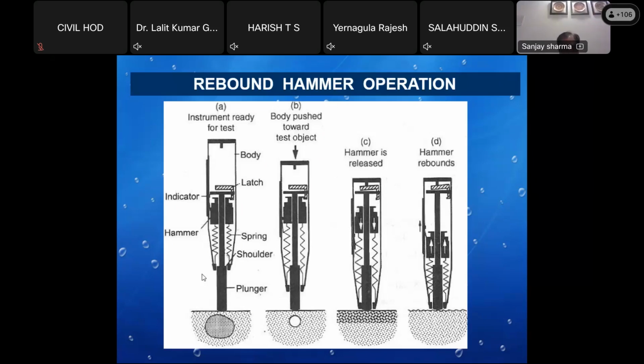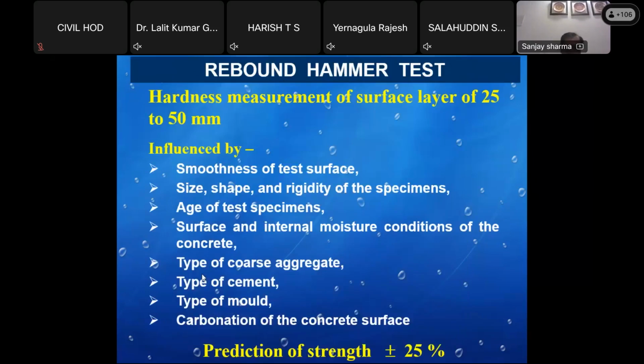So data we can obtain by using this rebound hammer, but the reading depends upon so many factors, and all these factors have to be taken into account. Can my AI model take care of these factors, whether it's size, age, moisture conditions, aggregate used, type of cement used, carbonation, etc.? Nowadays, in whatever rebound hammers are there, a carbonation check is included, so you can make the carbonation corrections.